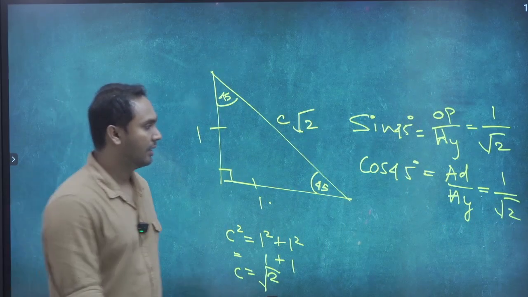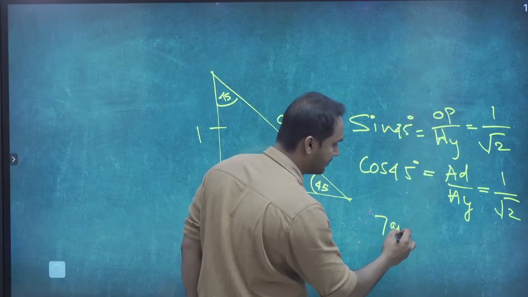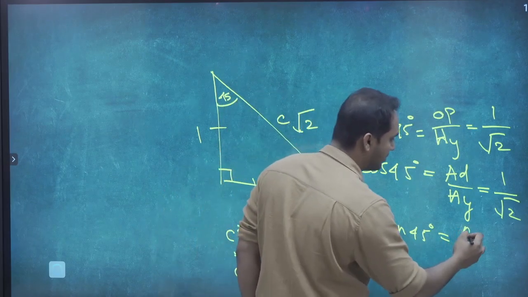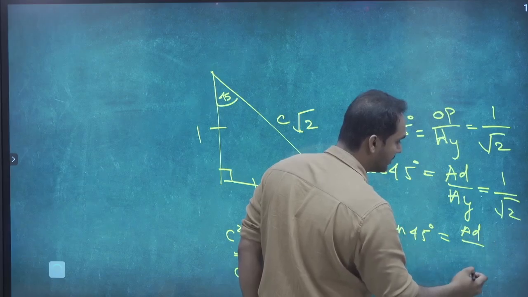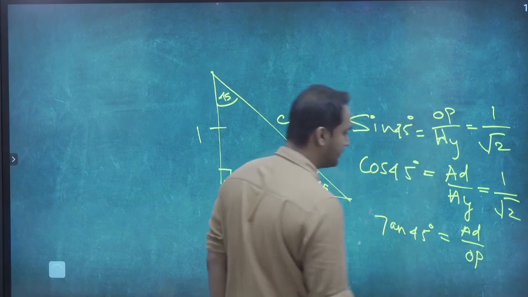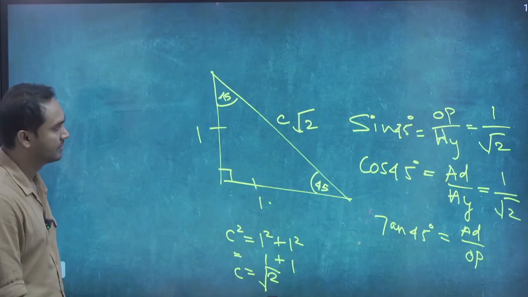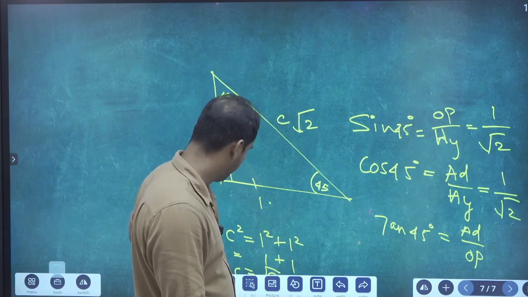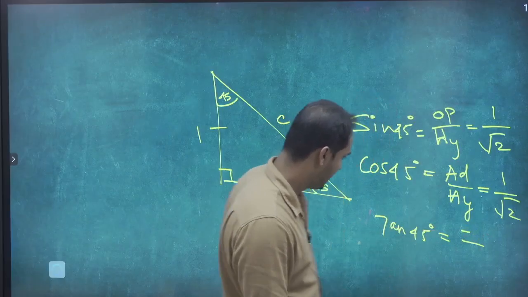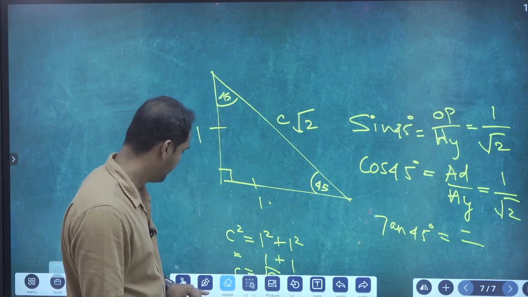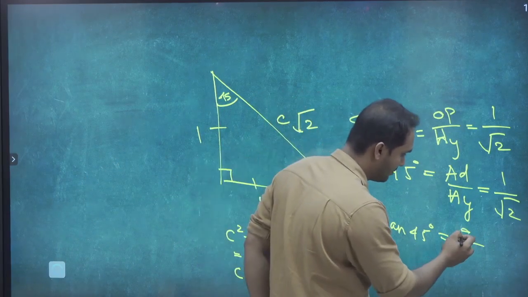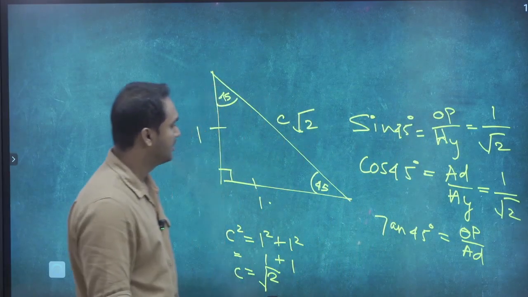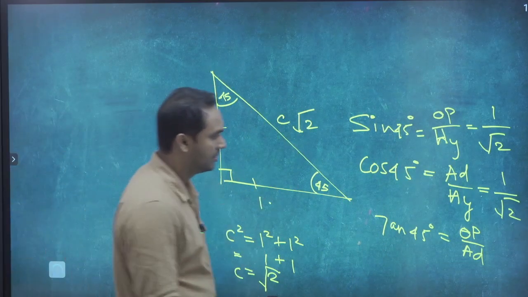And the tan 45. Tan 45 equals opposite over adjacent. Sorry, it's opposite over adjacent, yes. Now what is the opposite here? 1.